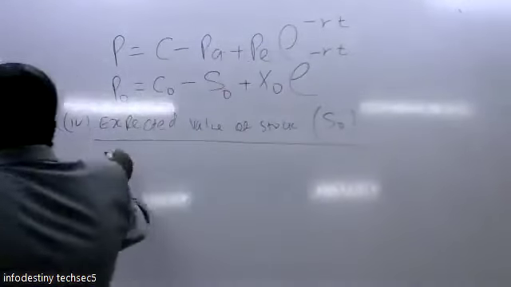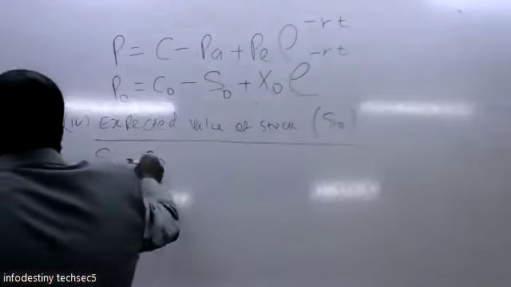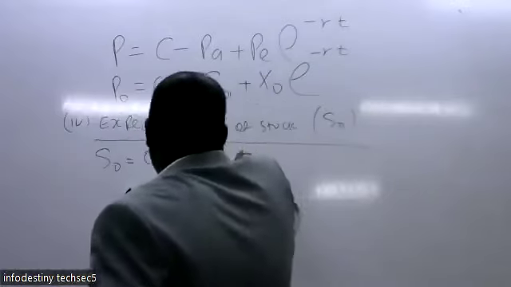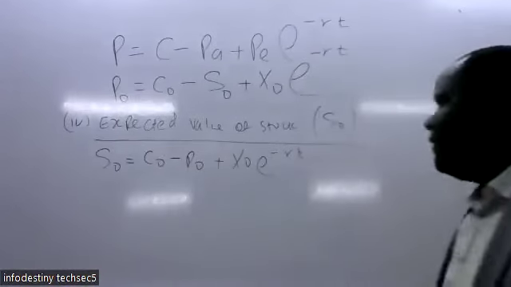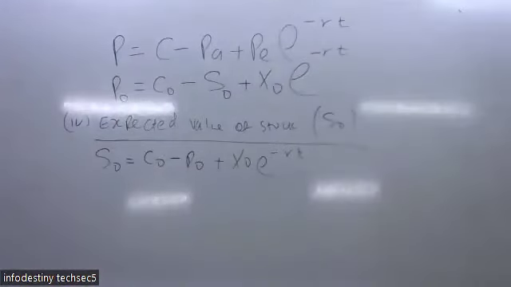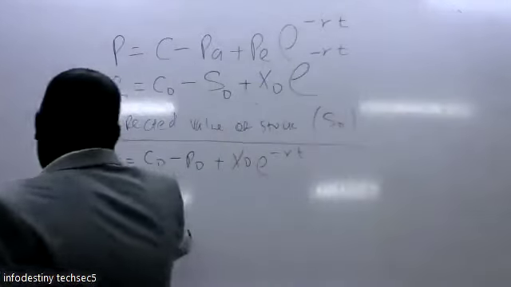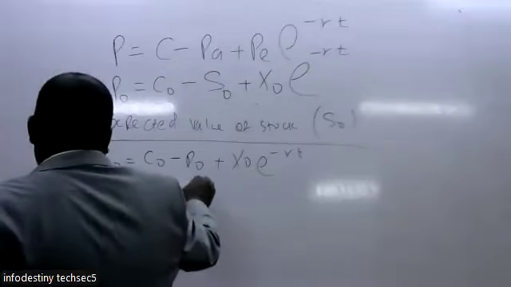So SO should be equal to CO, but PO will have to cross, and it becomes positive. This one will just remain. CO was which here? It was 4.5. PO was 6.2.